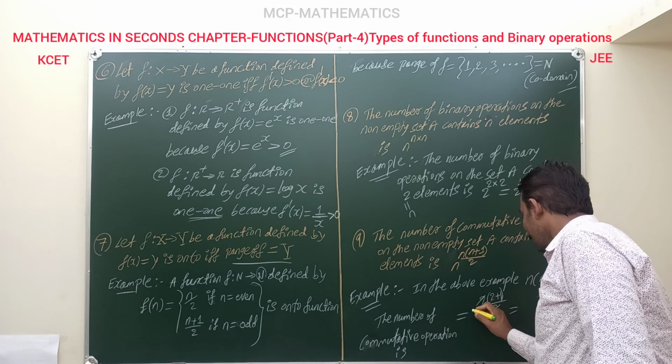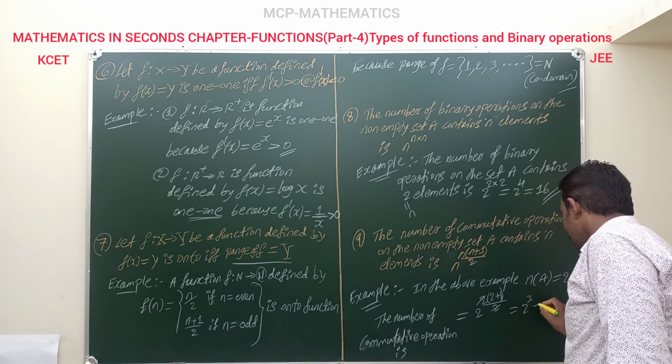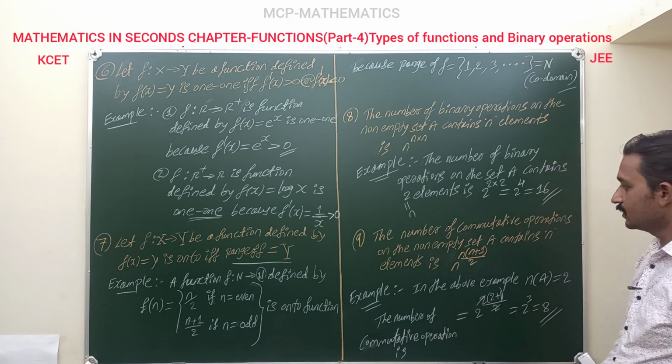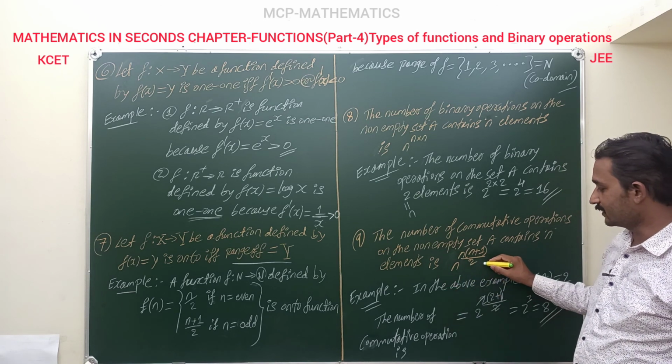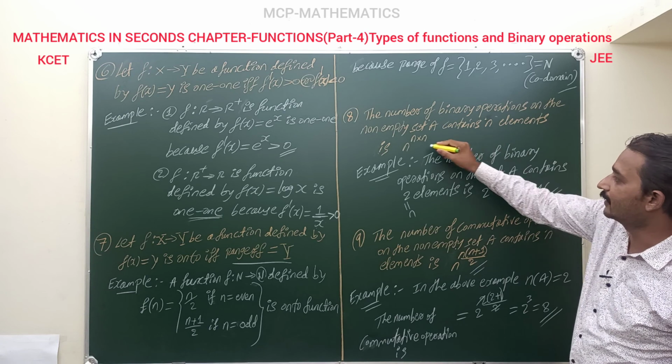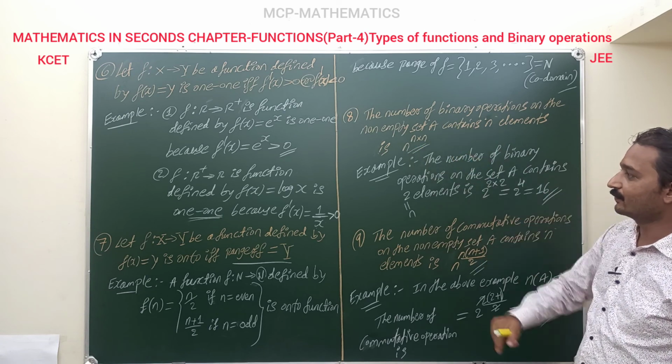Here the 2s get cancelled, leaving 2 power 2 plus 1, that is 2 power 3, which is equal to 8. So directly find the number of commutative operations using this shortcut, and the number of binary operations also. So take this down.